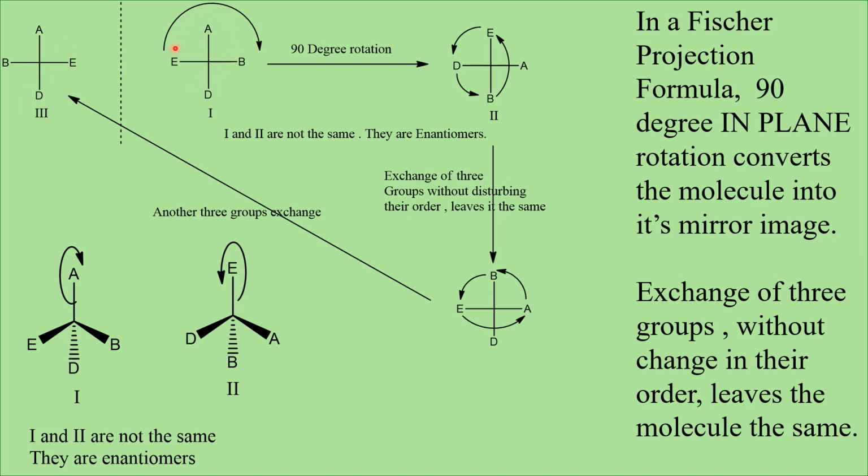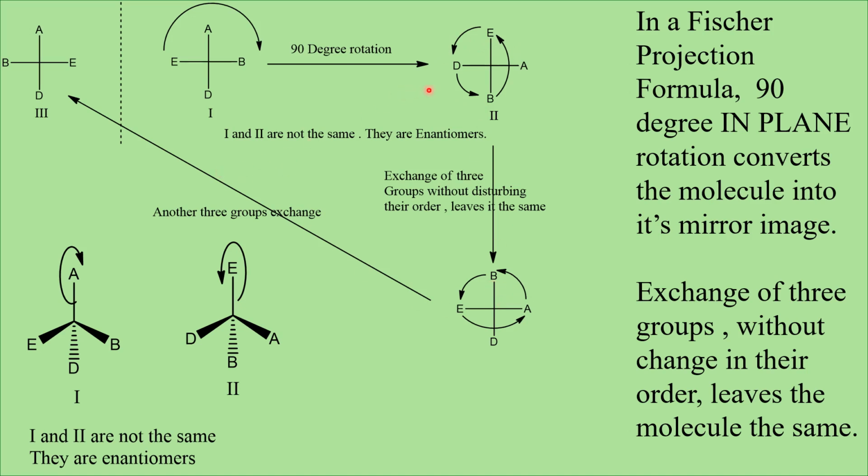So a 90-degree in-plane rotation of this structure gives 2, and this 2 and 3 are the same because we have done three group exchanges in the structure 2. So three group exchanges without changing the order will keep the molecule the same. So we have just done one three-group interchange, another three-group interchange.